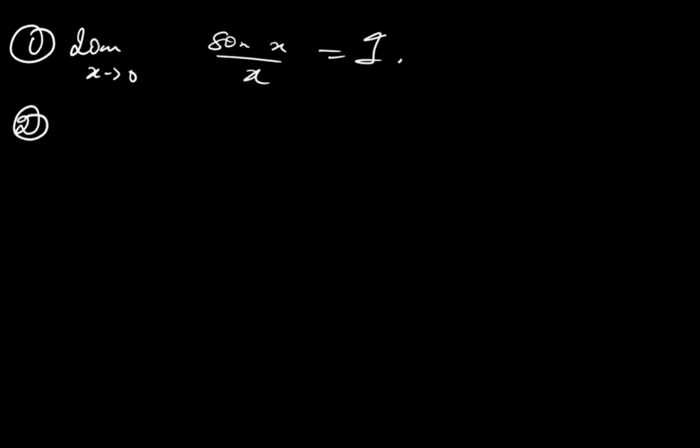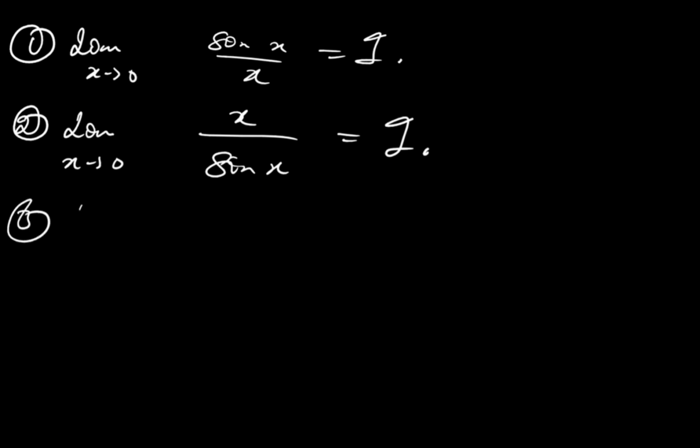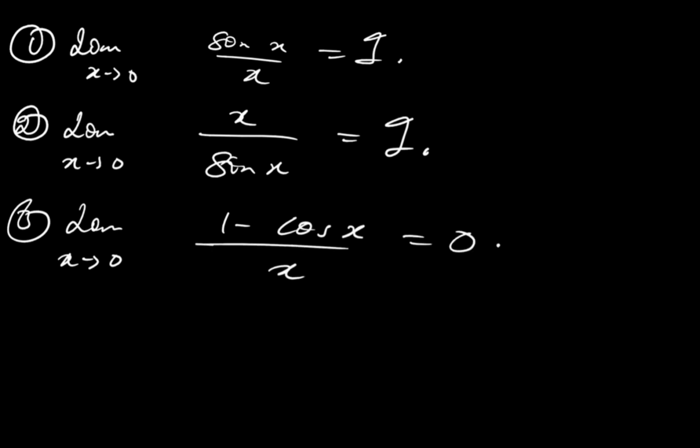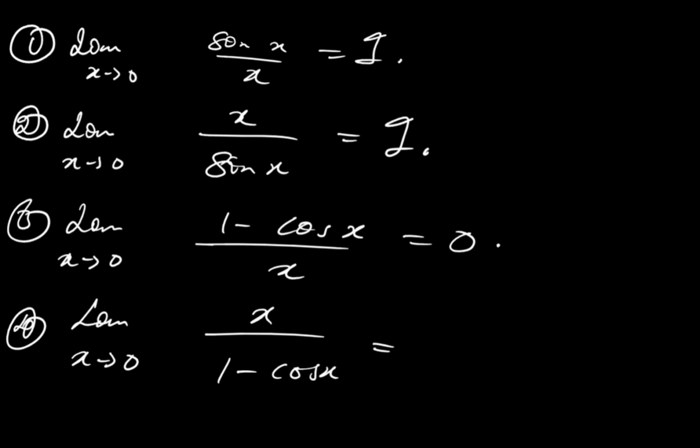The second one said the limit as x approaches 0 of x over sine x will also be equivalent to 1. The third said that the limit as x approaches 0 of (1 minus cos x) over x is equivalent to 0. And finally, the limit as x approaches 0 of x over (1 minus cos x) is also equal to 0.